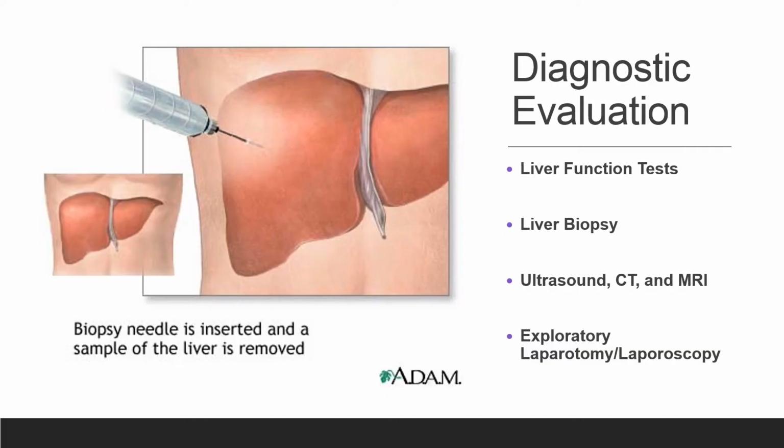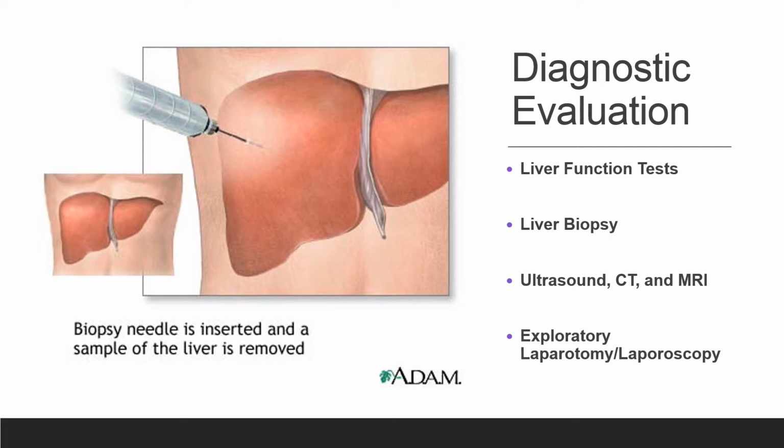Next, let's look at the diagnostic evaluation tools that are available. This would include liver function tests such as the AST, ALT, total bilirubin, clotting factors such as the prothrombin time, ammonia levels, protein and albumin levels, as well as serum alkaline phosphatase.